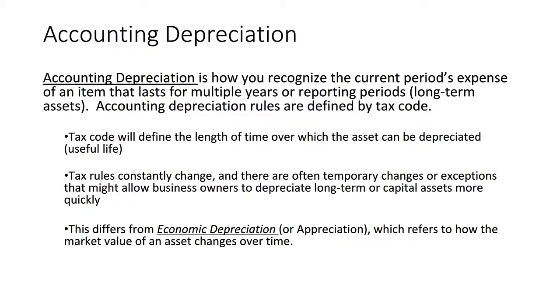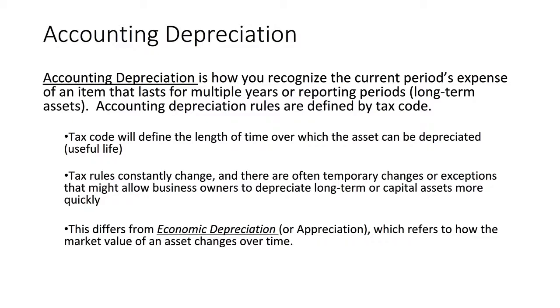So as an example, if you have a piece of equipment that we typically think of lasting 5 years before it needs to be replaced, or it needs serious maintenance to keep it running after that time, it might be assigned a 5-year useful life for depreciation purposes in the tax code as well.